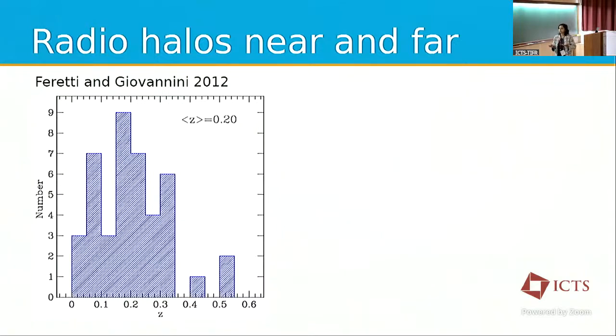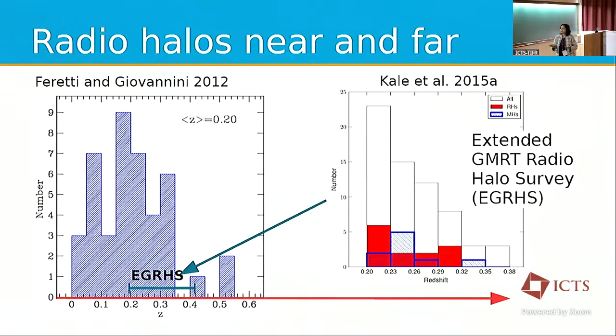And then this got addressed when there were pointed radio surveys, for example, the extended GMRT radio halo survey. So we surveyed clusters in the redshift range of 0.2 to 0.4 systematically, and then the statistics grew.